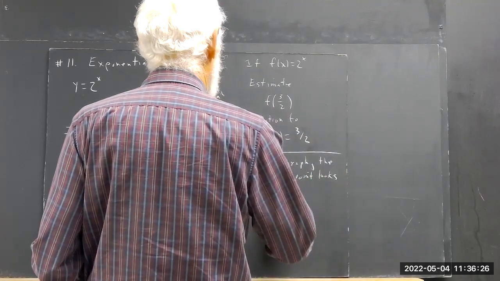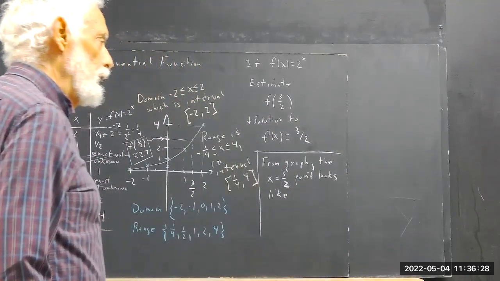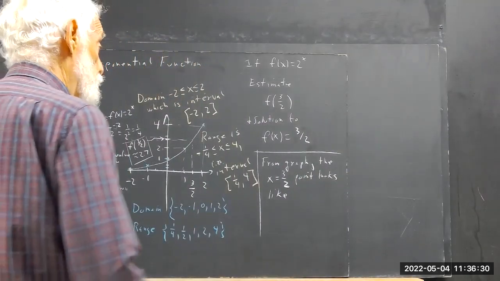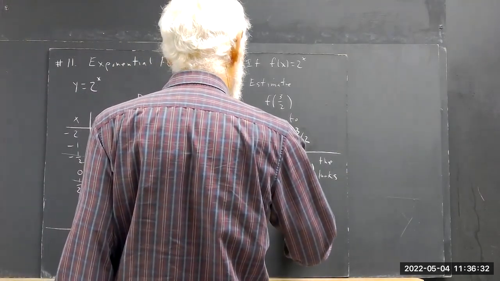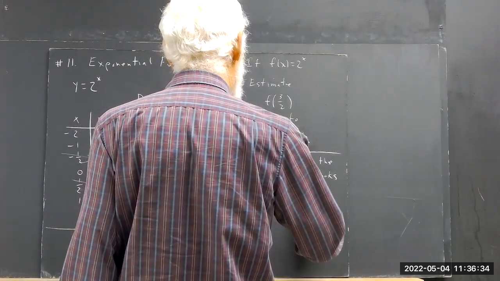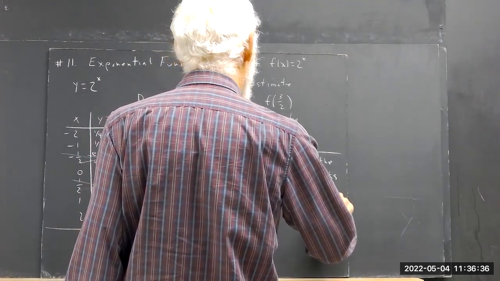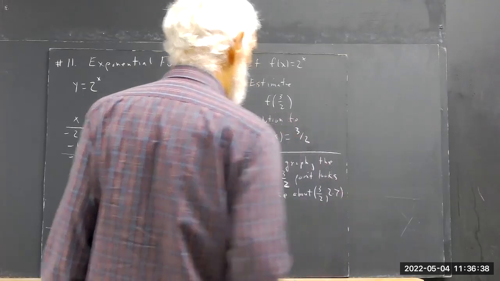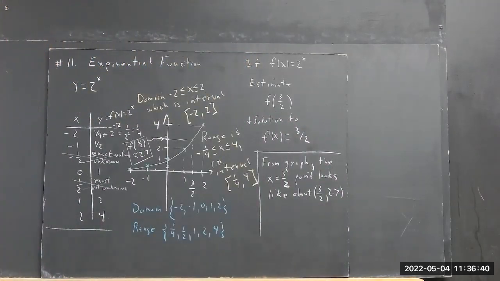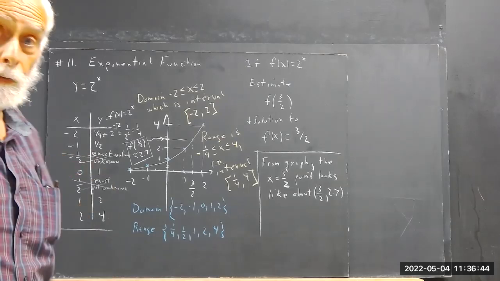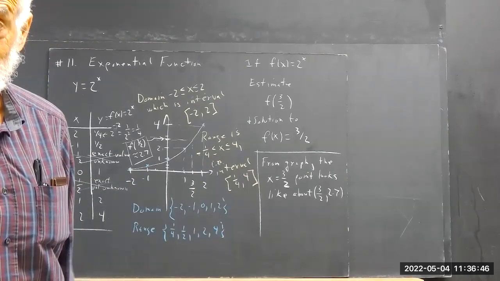The graph, the f equals 3/2 point, looks like about 2.7. Okay. Now I know that for significant figures, it's 2.828.